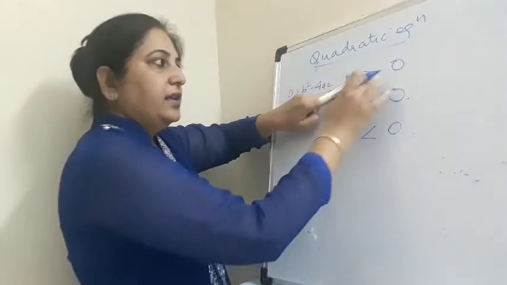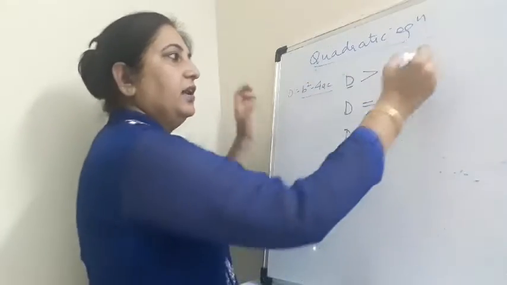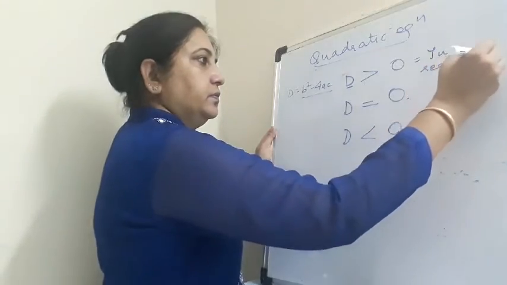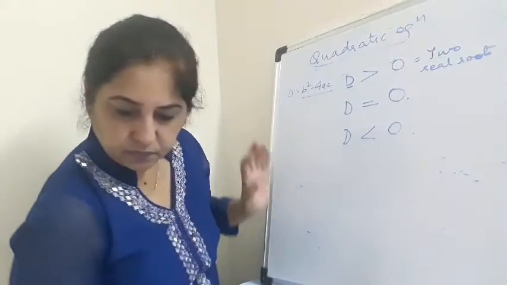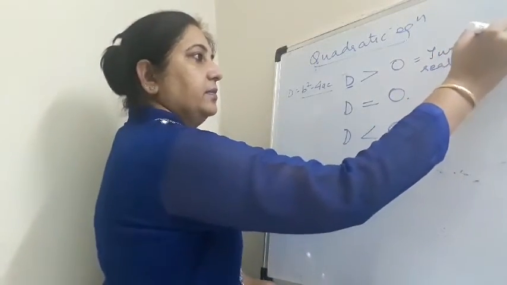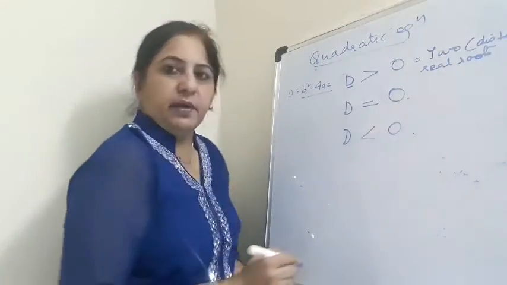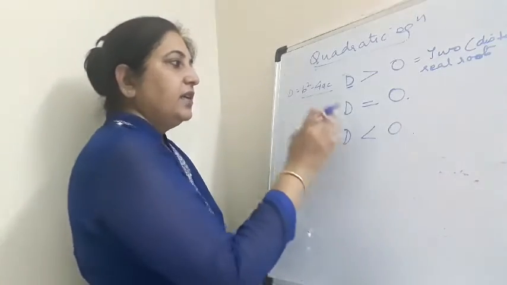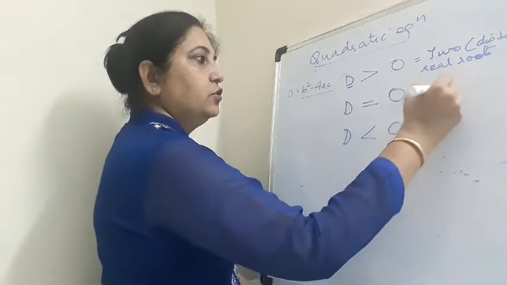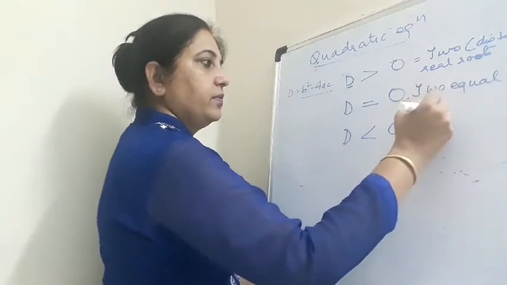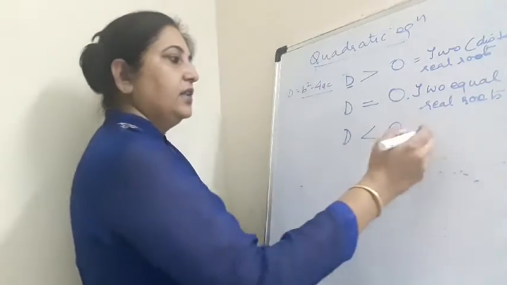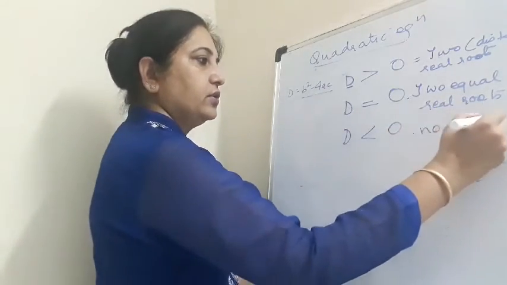When D is greater than 0, the equation will have two real roots, and these two real roots will be distinct. Distinct means they will be different. When D is equal to 0, the roots will be two equal real roots. And if the value of D is less than 0, you will write no real roots.